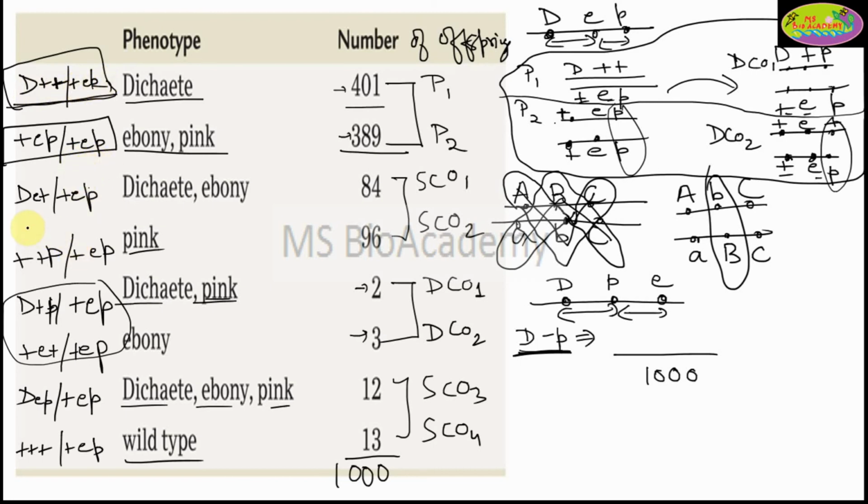So this is parental, so we are not going to take that. This is again a parental. See this here also, this is a parental, plus E, P plus E P. Here plus P is present. We are not considering the ebony E here, we are just checking the D and P. So this also we are not going to take.